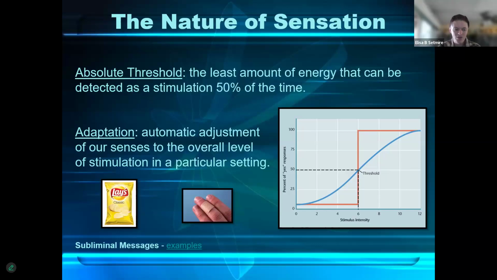So typically, what we tend to think is that if something is presented under your level of awareness, under your threshold, it isn't necessarily noticed. It's not going to have any kind of long-term effect, but maybe it could prime you to a response. An interesting area of investigation and study. But we definitely do have thresholds, and they can change constantly due to that process of adaptation.